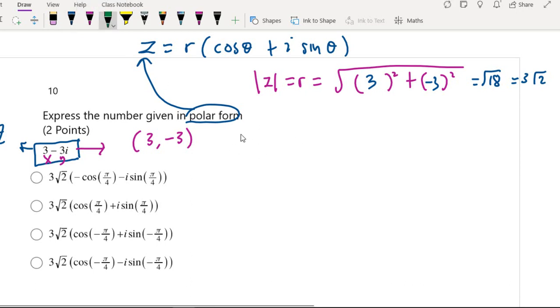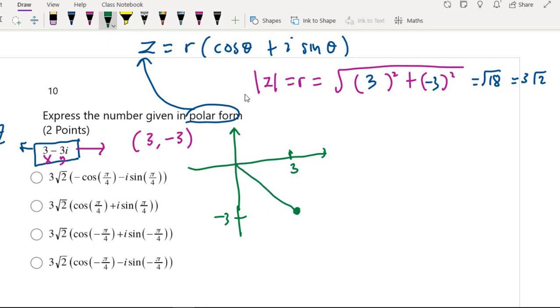Now the next step is to find the argument. So you can sketch a simple Argand diagram: 3, negative 3. So the Argand diagram is here. Theta, starting from the positive x-axis to the line.